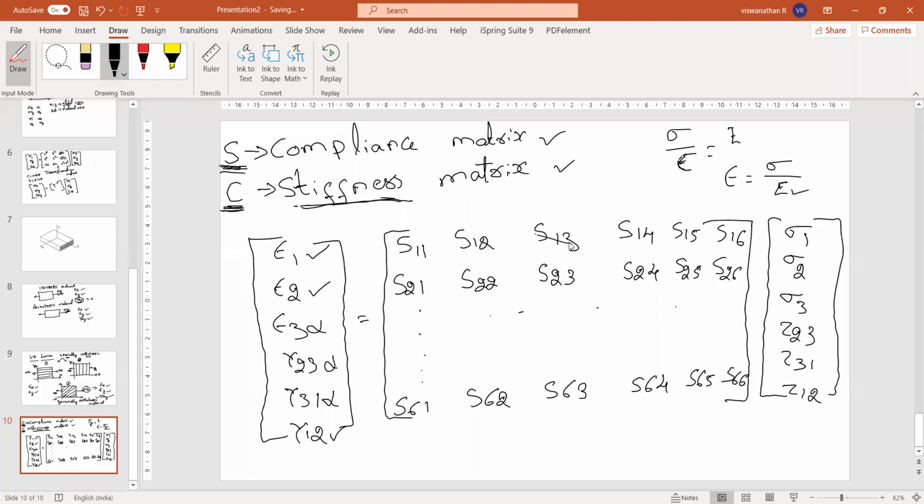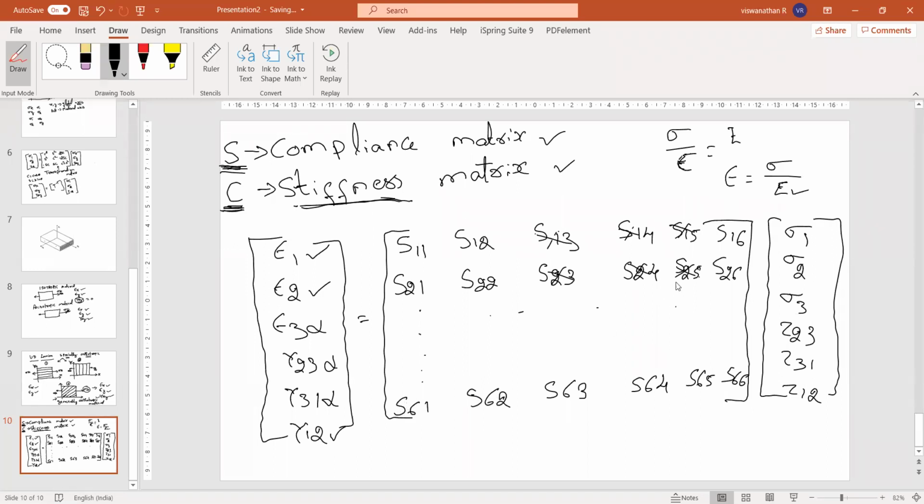So I'll not have this. In the first row, I'll have S11, S12, and S16. And in the second row, what will I have? S21, S22. Will I have this? No, I won't have this, I'll have this. Will I have this one?